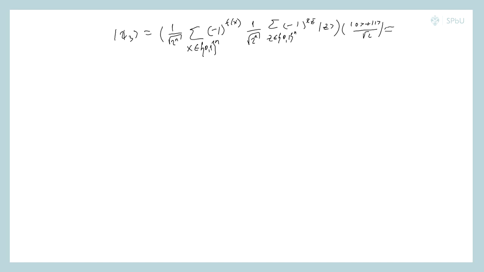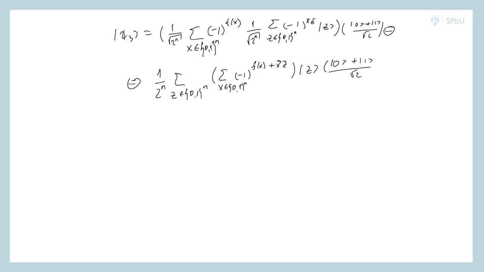And let's write it in a more convenient form. 1 over 2 to the power of n, sum over z, 0 and 1, sum over x, over all values of the n-bit string, of minus 1 to the power of f of x plus x z, on the state z, and on the state of the second qubit, (|0⟩ plus |1⟩) by square root of 2.